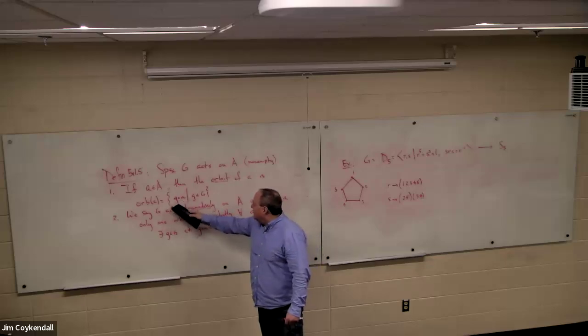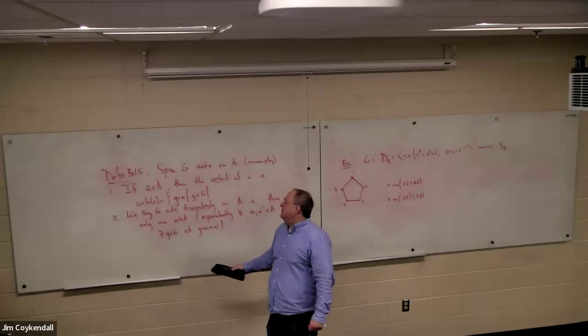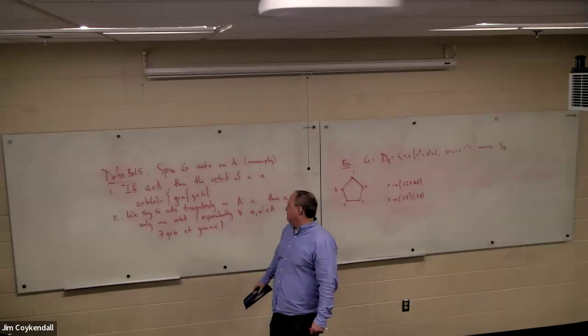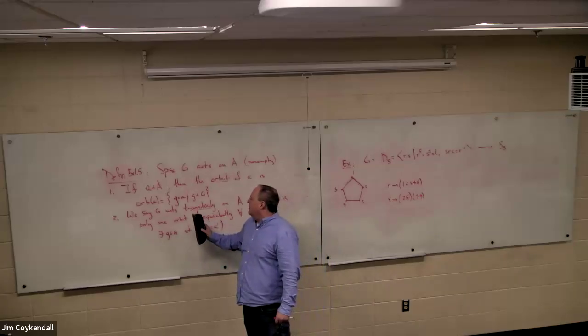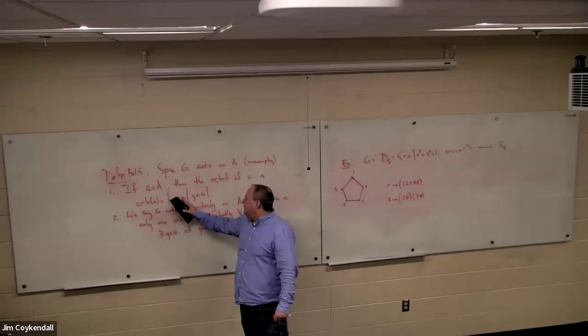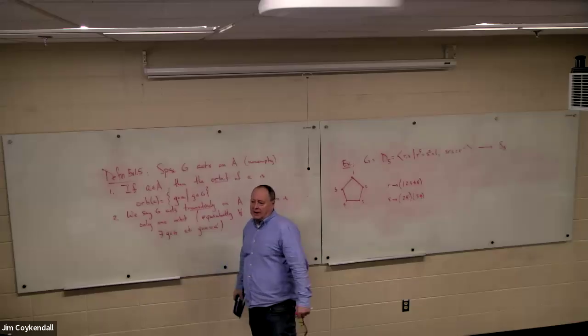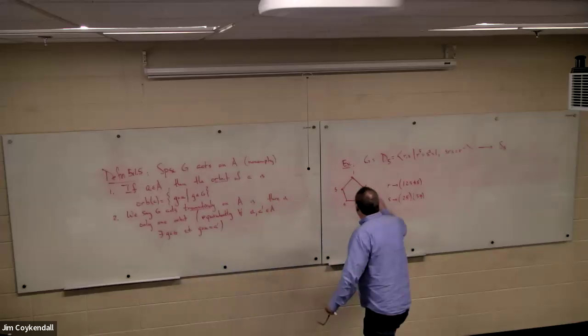What this means is the image under that function. If you take a single element of A and you vary the elements of G, if that is sort of onto A, that's another way to think of it.